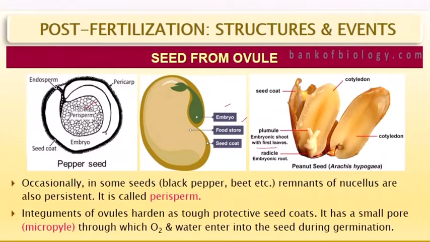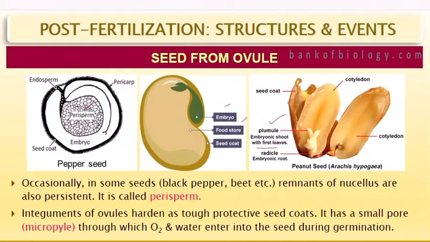Similarly in peanut seeds, that is groundnut, you can see the enormous amount of embryonic tissue with leaves, and then the development of the embryo. Plumule is going to be the future stem, radicle is going to be the future root. And then of course two cotyledons, cotyledon 1, cotyledon 2, dicot.